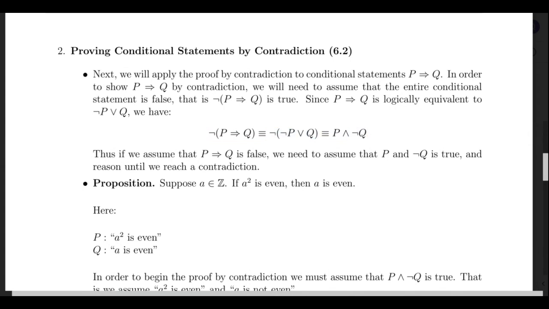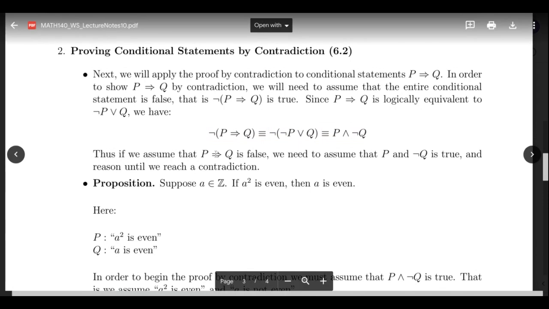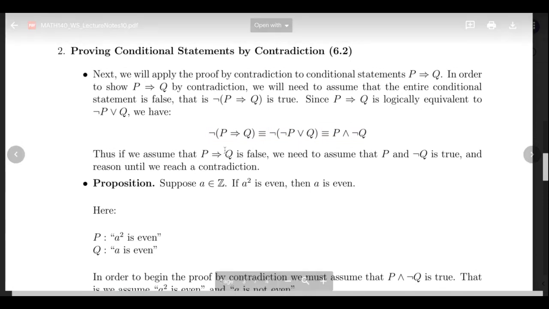Okay. So this is very similar to De Morgan's law. We talked about the sets and the signs. So this goes along with De Morgan's law. So we want to prove not this conditional statement.